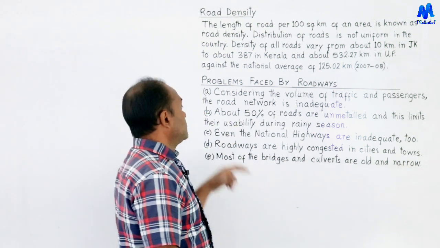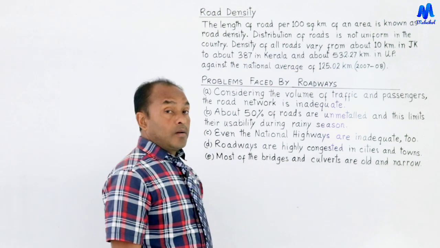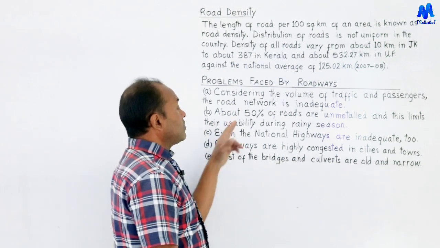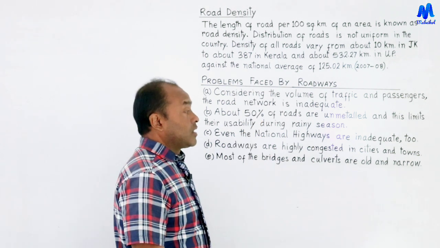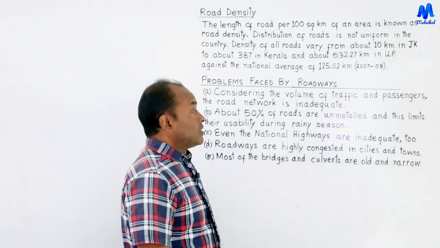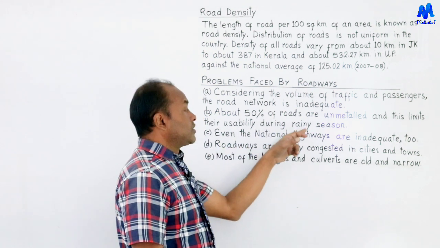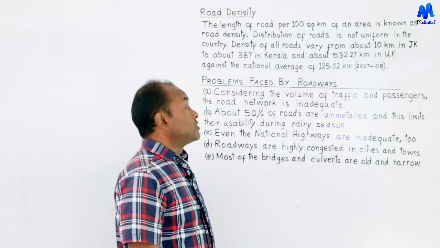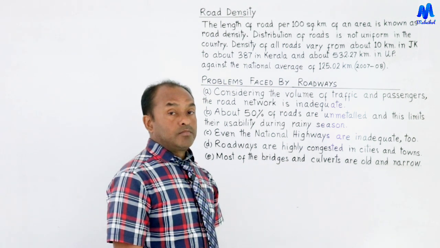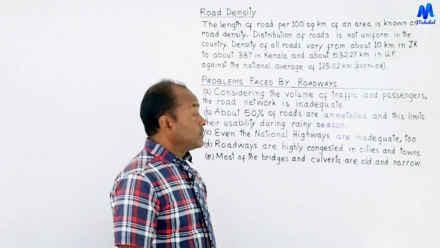And number B, almost about 50% or about half of the roads are unmetalled, and this limits their usability during the rainy season. During the rainy season, we cannot use this type of unmetalled roads because of the muddy condition.